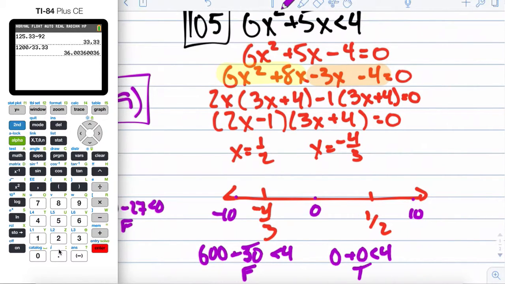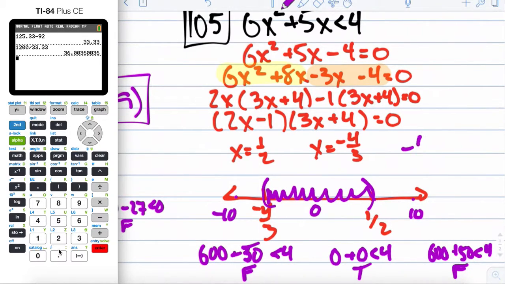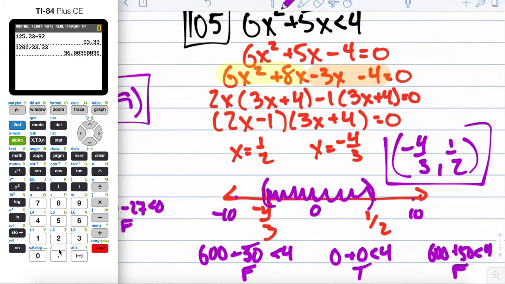That's true. And then we get 600 plus 50 is less than 4. That's false. So we're true in between, and it's not equals, so we use parentheses. So negative 4/3 to 1/2. And there. All right. We will stop here, and I'll pick up on 107 on the next one.